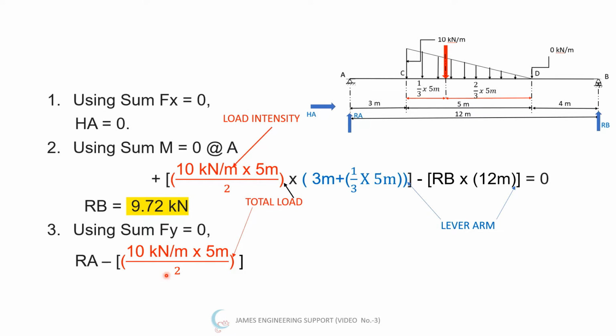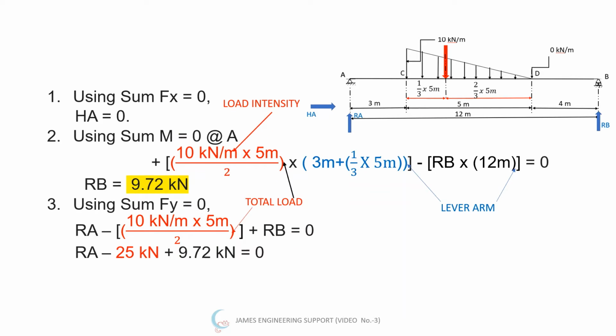So this will be the total load. You can see both the total loads are the same. And then consider positive RB, then we will equate it to 0, and adding the value of RB to the equation, we will get RA as 15.28 kilonewton.